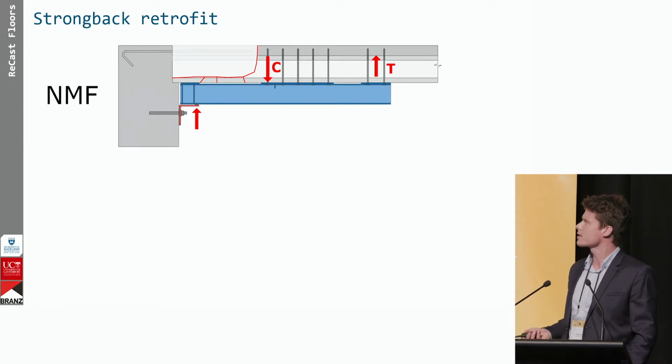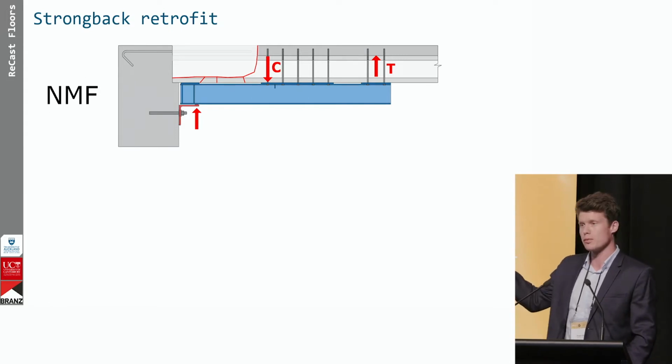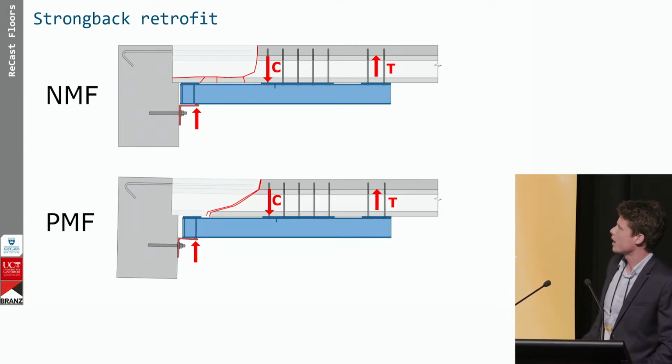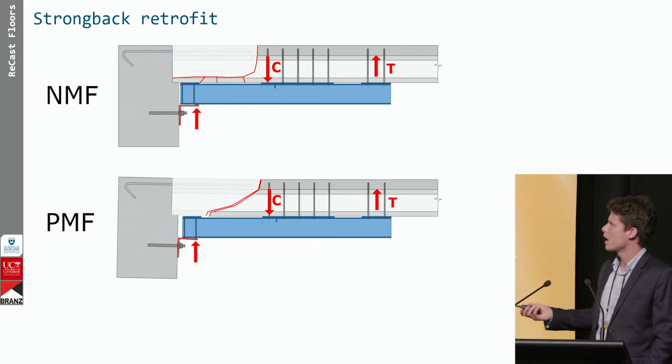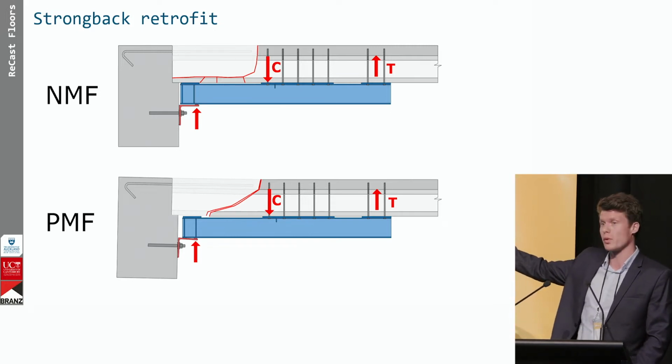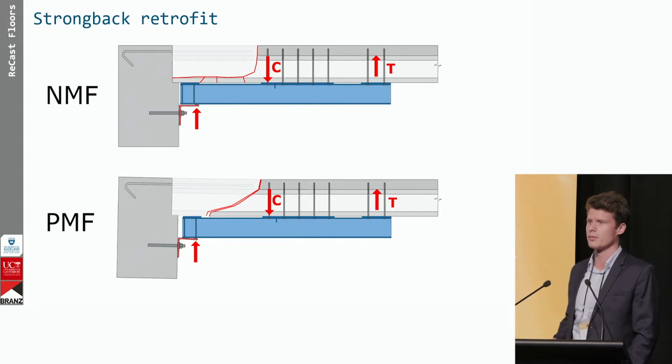So those Strongbacks not only help with negative moment failure, which is quite straightforward, but also with the positive moment failure, which is quite controversial, and it's insensitive as to where this crack is going to form.